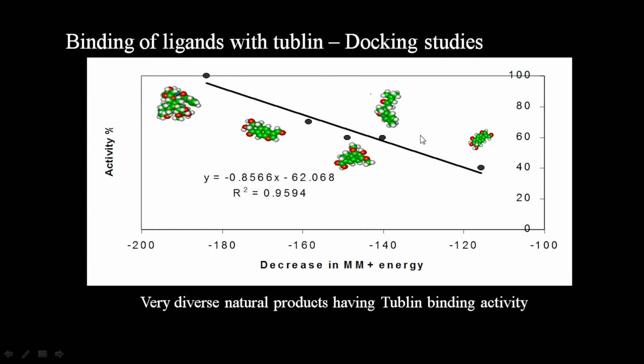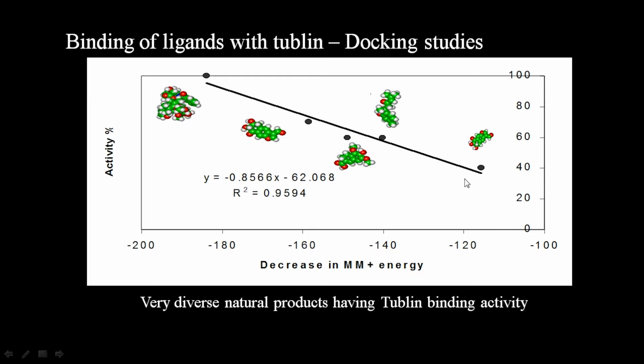So we have several molecules binding to a particular protein, and again we can see a decrease in energy, or an increase in the binding, a more negative binding energy, and the activity keeps increasing.